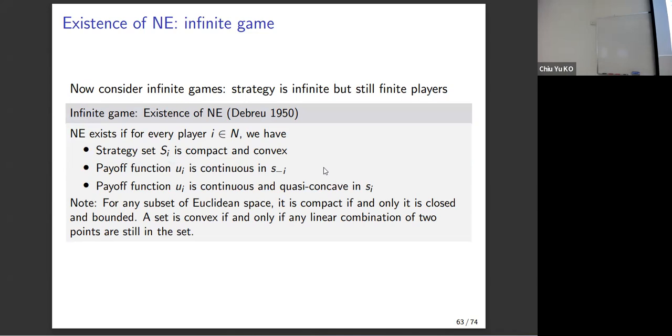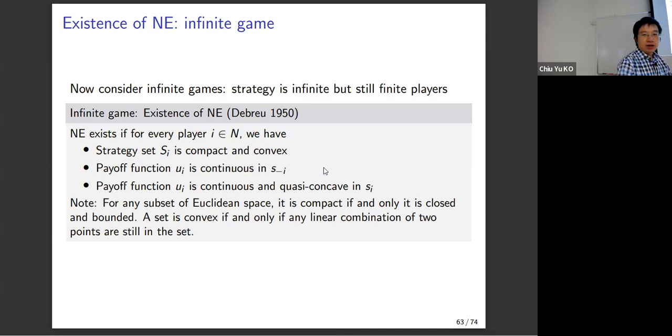Almost at the same time, De Broglie came up with another way to do it. That is saying if you have continuous strategy, which is still a finite player game but with continuous strategy, as long as your strategy set is nice, which means compact and convex, which is usually satisfied if you're choosing a number.